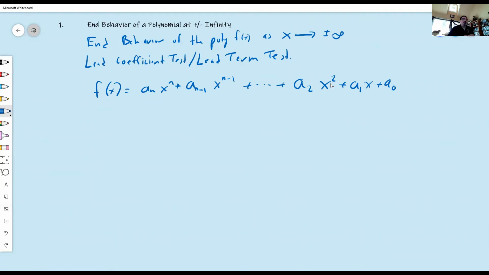As mentioned before, sometimes referred to as the leading term test, or lead coefficient test. So it means we're really going to be focusing in on this term here.